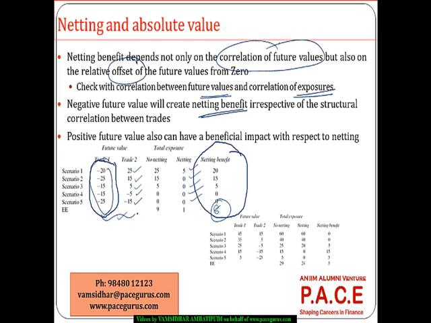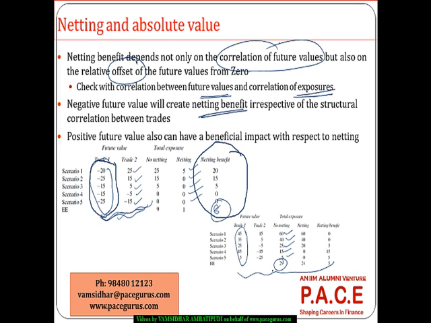Irrespective of whatever correlation exists between the future values, it is very well expected to provide a netting benefit for me. Similarly, you look at the other side, if all the values are positive, okay, without netting, 60, 40, right, this is 25 because this is negative, I will not count it, 15 and 5.